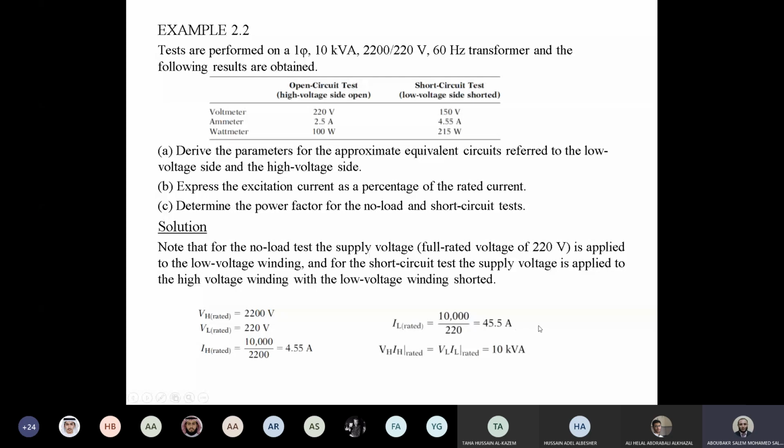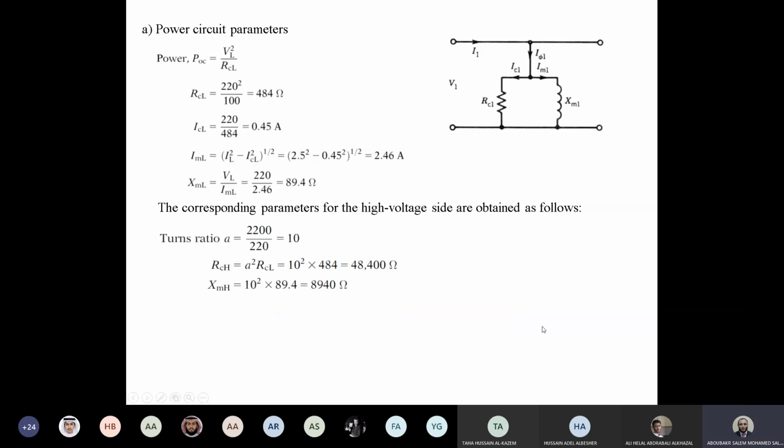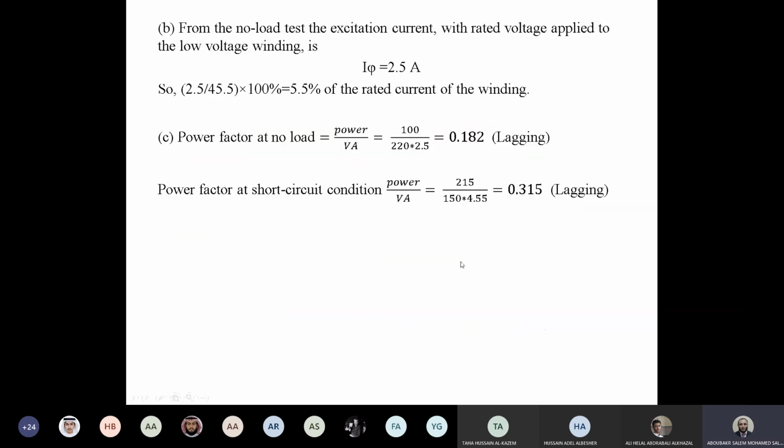So just divide 2.5 over 45.5 and multiply by 100. You will find the value here. It's 5.5%, around 5% as we described previously.